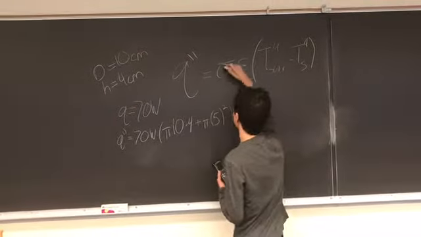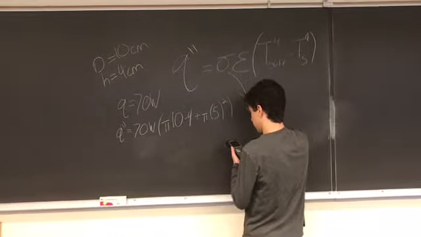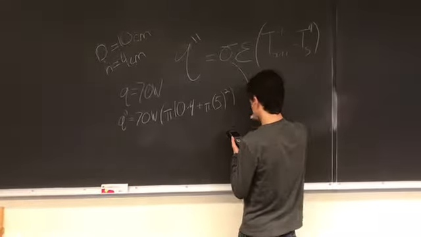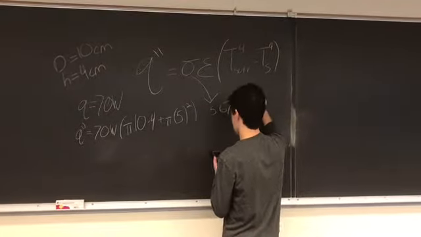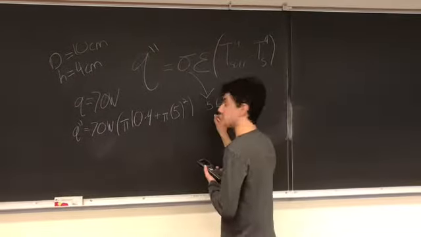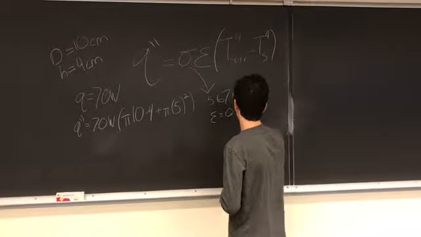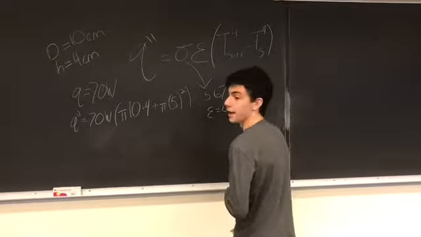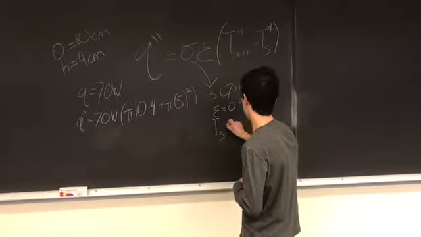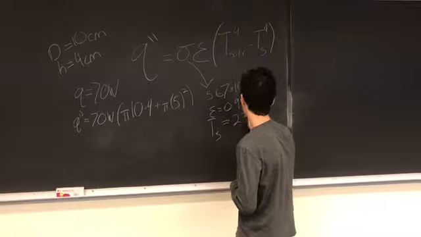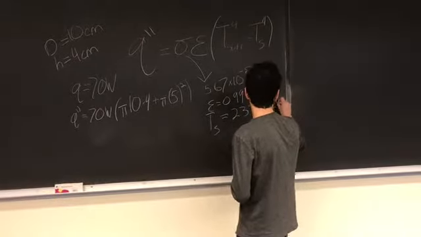Your Stefan Boltzmann constant is equal to 5.67 times 10 to the negative 8th, and the emissivity of water is equal to 0.993. The temperature of your water when it begins is going to be equal to 23 degrees Celsius, or 296 Kelvin.